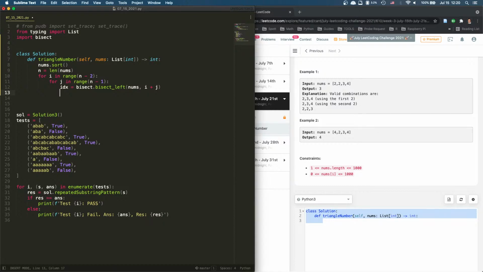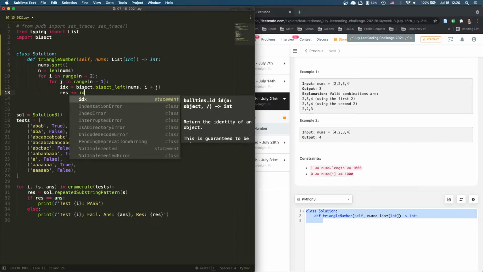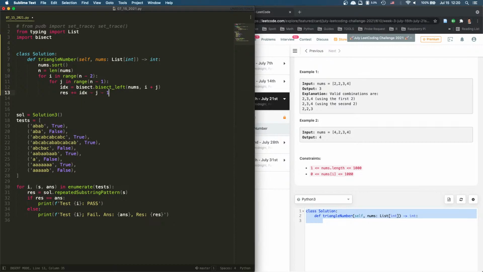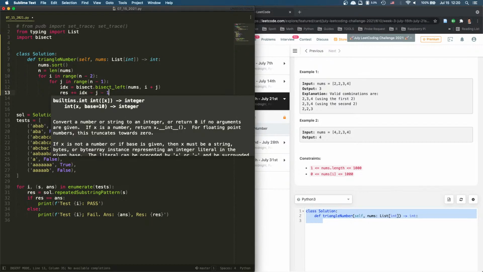So these are smaller, right? So the index is this one minus this index, right? So 4 minus 1 is 3. I think that's going to be minus 1. It's going to be res plus equal to index minus j minus 1. Yeah, I think it has to be minus j minus 1.